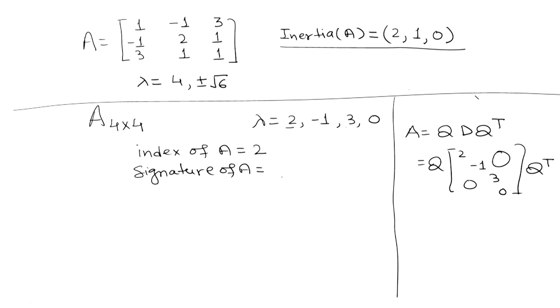Here I have 2 positive entries and 1 negative entry, so 2 minus 1 comes out to be 1. And the rank of A is the number of non-zero entries in the diagonal representation of the matrix A.